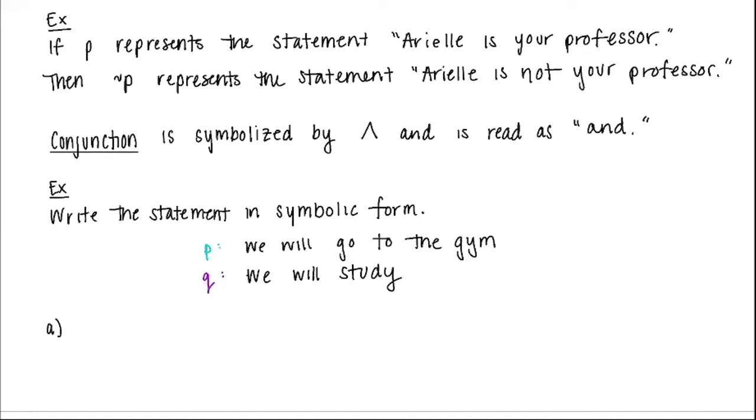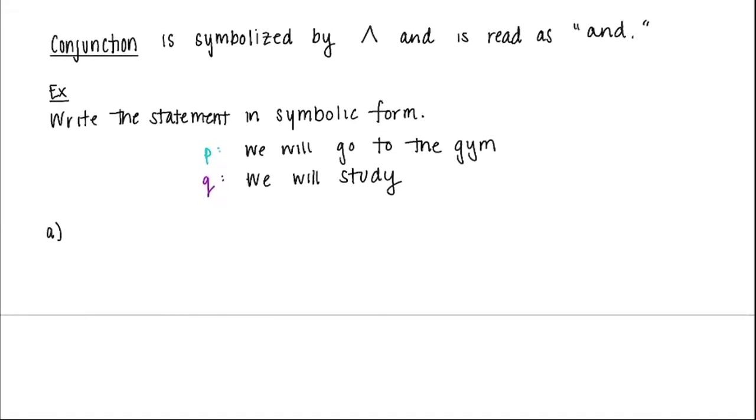So the first phrase we're going to write in symbolic form is, we will go to the gym and we will study. Okay.